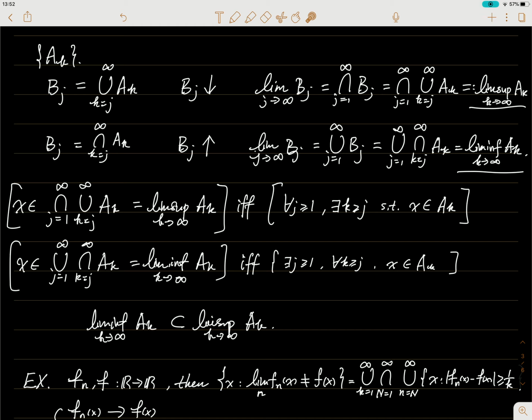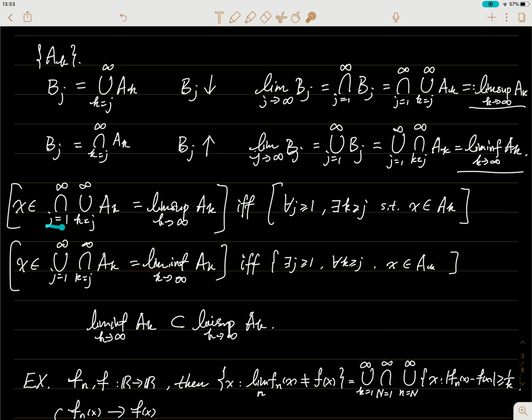So recall that I'm just repeating the notation of the upper limit is this one here. So you can see that when x belongs to this, so first of all, this is a set, right? It's taking a union of a bunch of sets, and then this is still a set, and take the intersection of those sets.